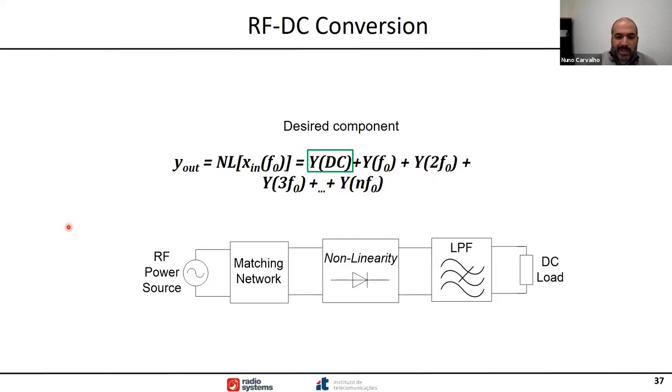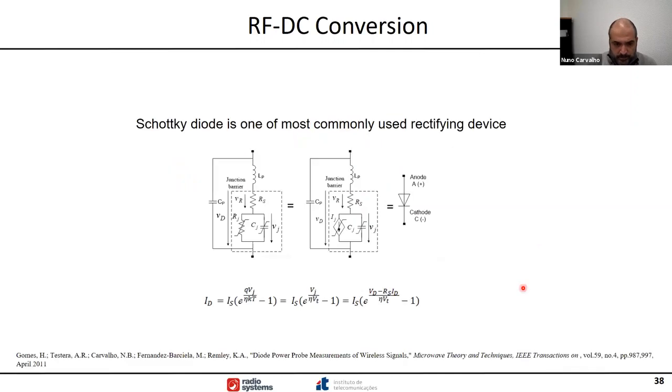So when we design one RF to DC converter, we need to consider the power source, that is, what type of antenna I'm using, and what matching network will feed this power to my nonlinearity. Here I will use a diode as the nonlinearity. Then at the output, you normally use a low pass filter to eliminate the fundamental, second harmonic, third harmonic, and so on, so you get only the DC component.